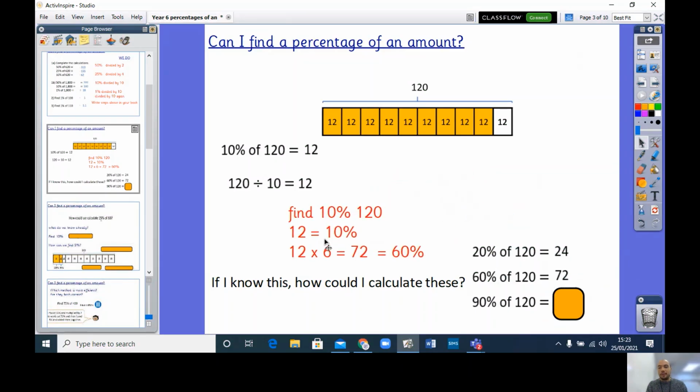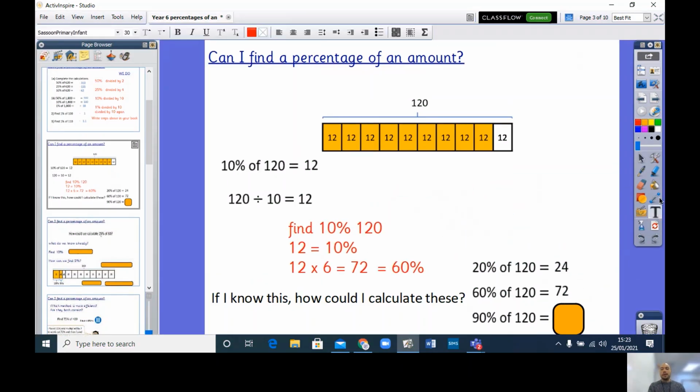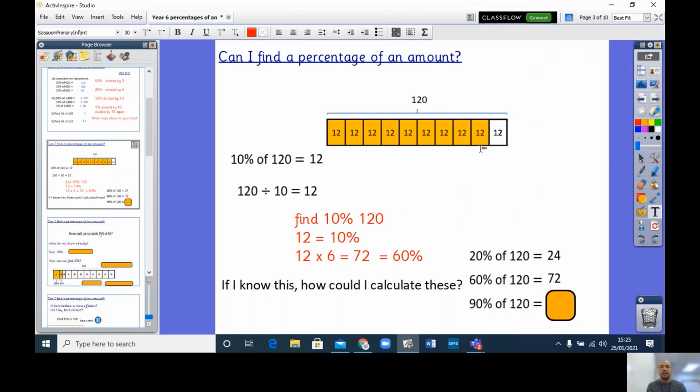Okay, so using our step success, can you pause the video and have a go at finding 90% of 120? Okay, brilliant. So you're finding 90% of 120. Remember, your first step is to find 10% of 120, which equals 12. And then what are we going to multiply 12 by?